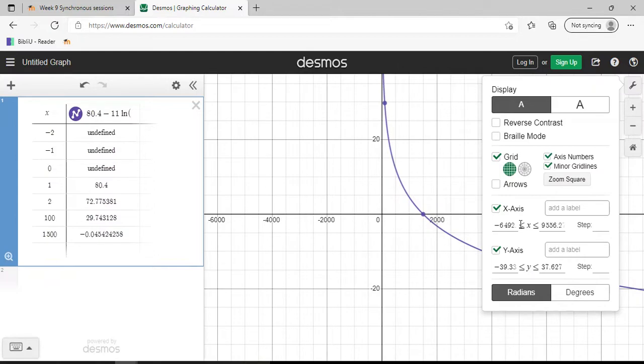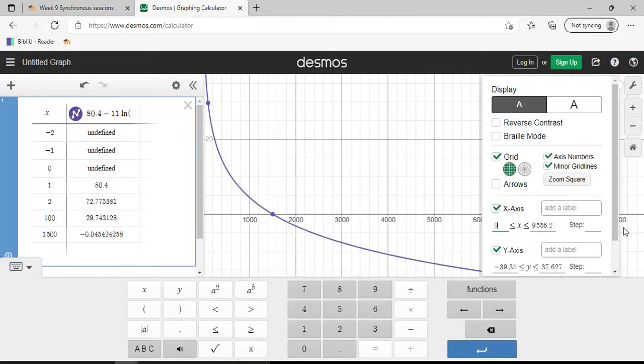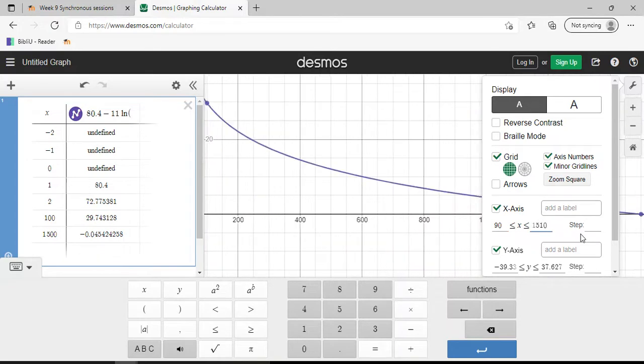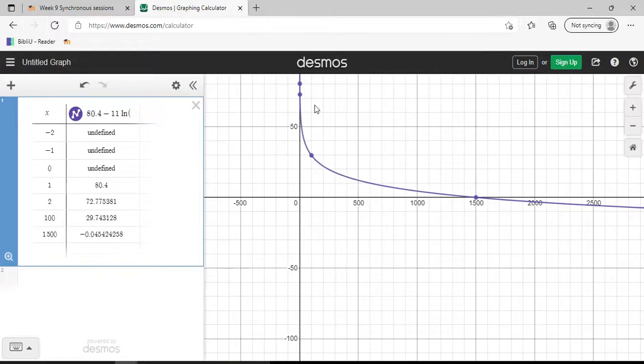Now remember, the x value is in between that 100 to 1500. So whatever you have here for x, I would go 10 below it and put 90, and then as far as the 1500, I'll go 10 above and make it 1510. Now we can scroll in and we can see the graph quite well here.